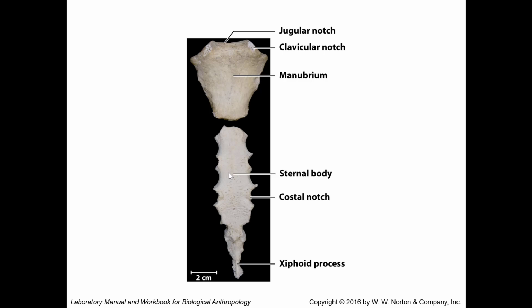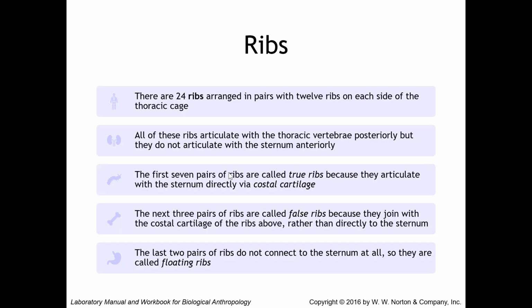So that makes up the sternum, right? Remember, it's 3 bones that fuse together: our manubrium, our sternal body, and our xiphoid process. So after the sternum, we have to discuss the ribs. We have 24 ribs, and they're arranged in pairs with 12 ribs on each side of our thoracic cage.